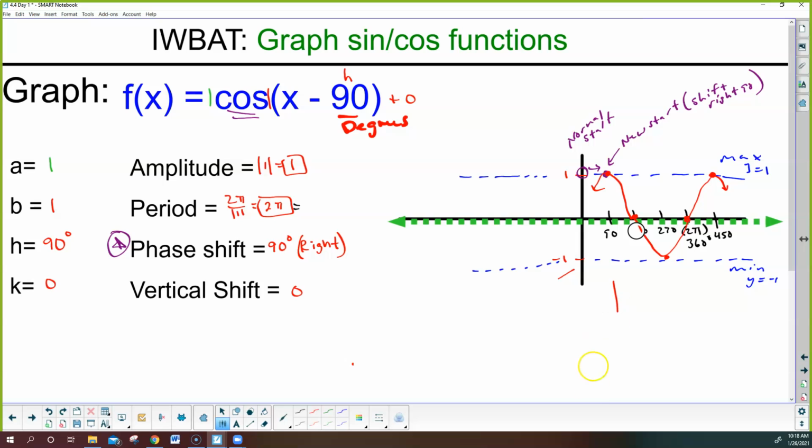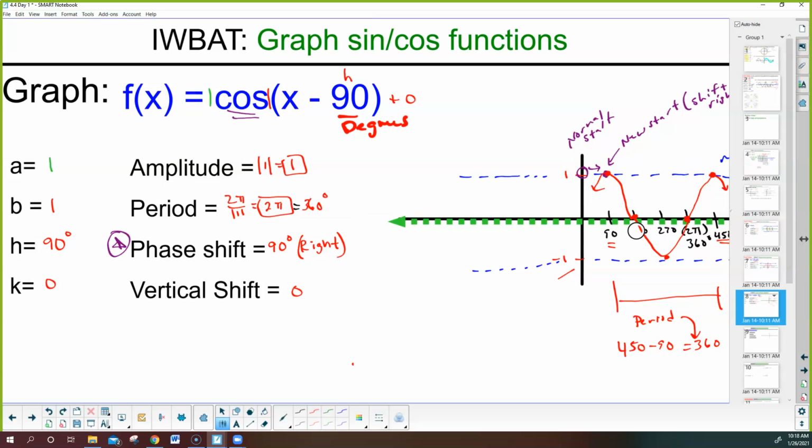And you can notice that the period length is still the distance between 450 and 90. So what if I took those and subtracted them? 450 minus 90 is 360. So you can still see that it takes what we thought, 360 degrees to do one full period.